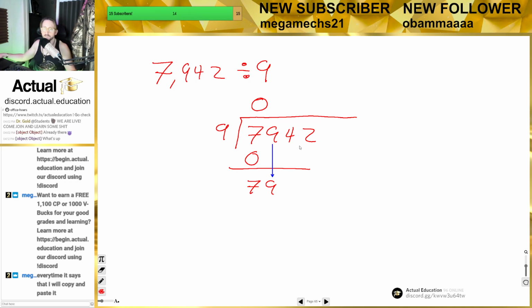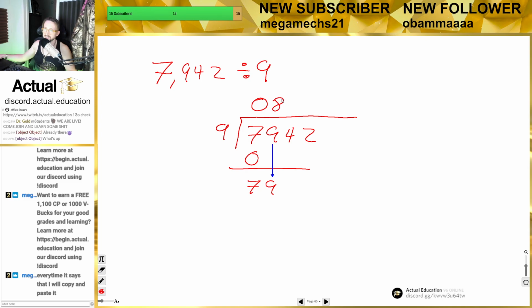8. Good. So where am I going to put the 8? Above the 79. I'm going to put it right here. 9 goes into 79 8 times, right? 9 went into 7 0 times. Right.